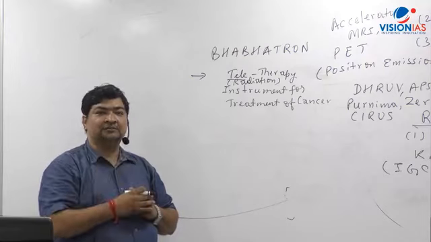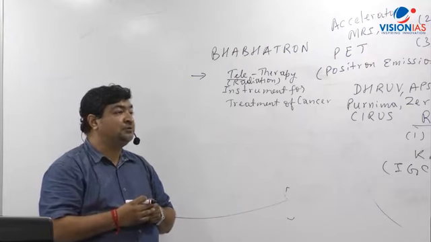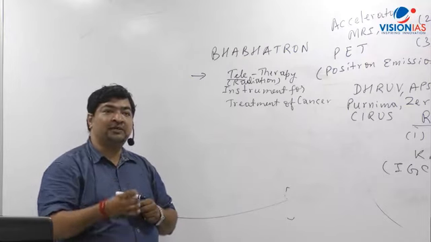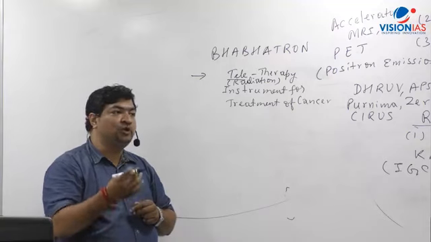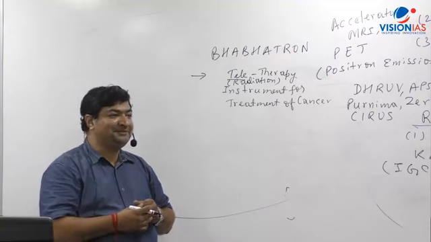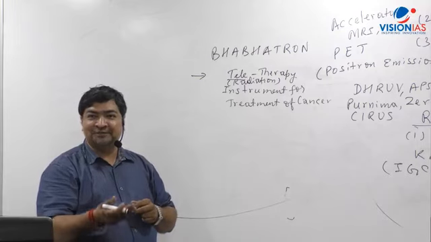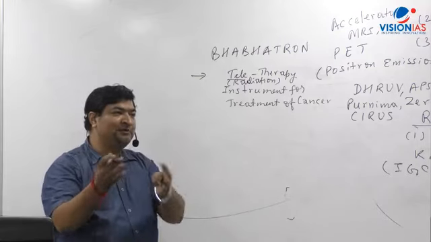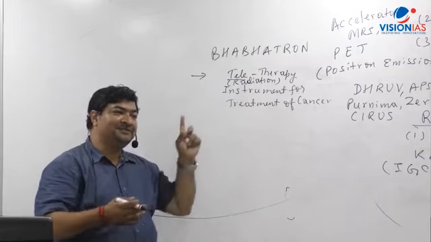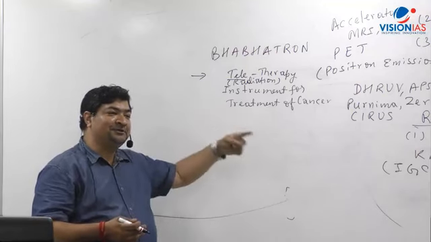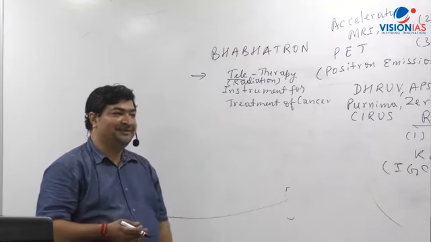Now one more thing: when you read the India Yearbook, chapter on science and technology, the Indian government has gifted Bhabhatron to Mongolia. When Prime Minister Narendra Modi visited Mongolia, this machine was given to the Mongolian government. So this technology developed by Indian scientists is now helping Mongolians in terms of cancer treatment.